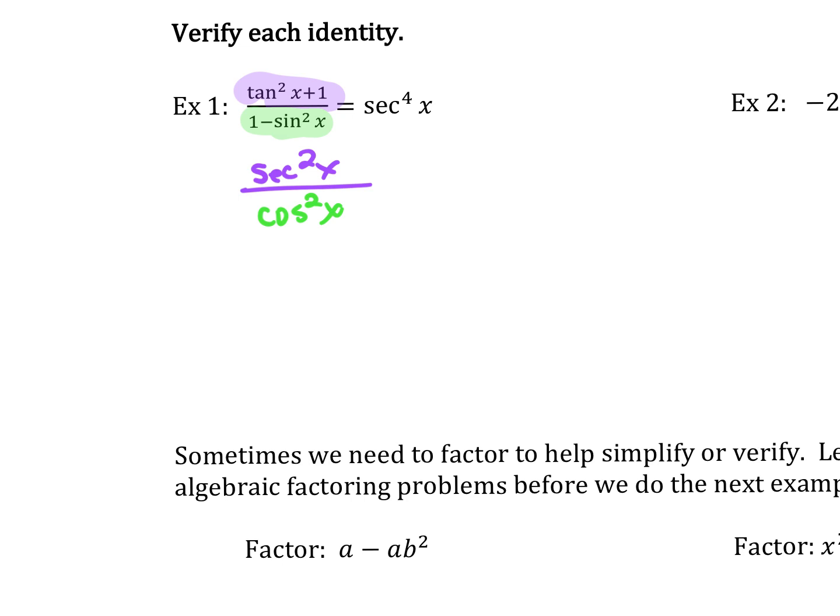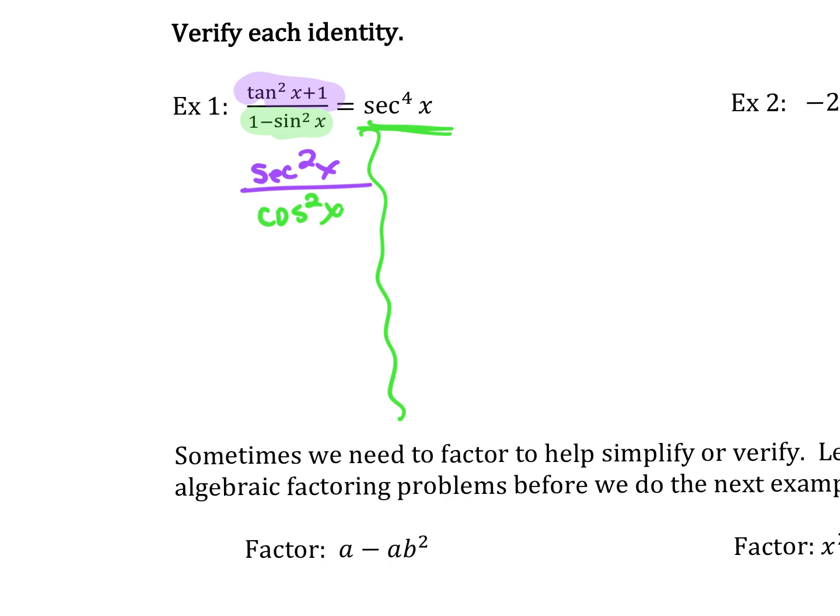In this case, guys, take a look at what we are trying to get to for our answer. Notice that our answer is in terms of secant. So normally we would rewrite in terms of sines and cosines, but in this case we're actually going to rewrite that cosine squared.